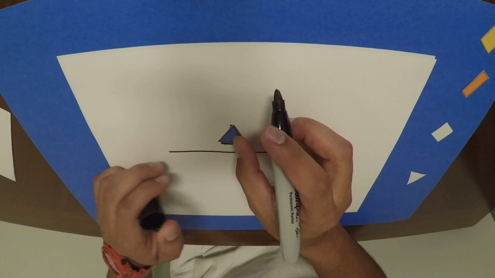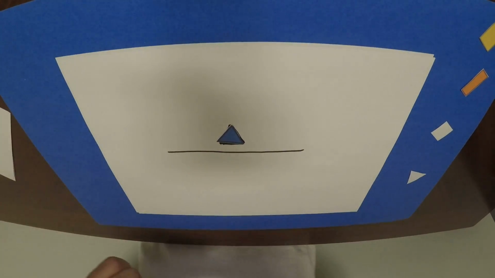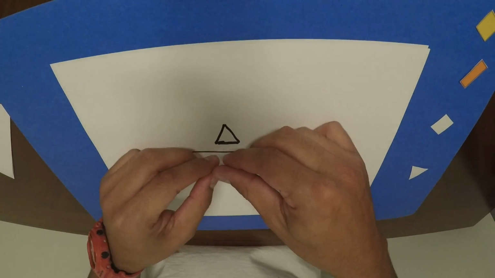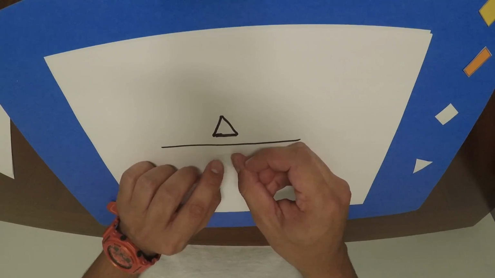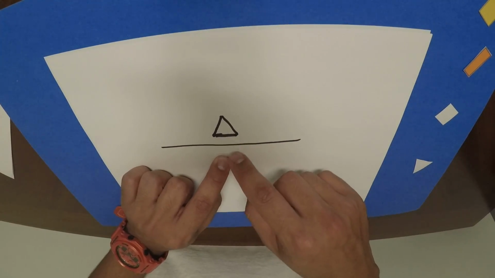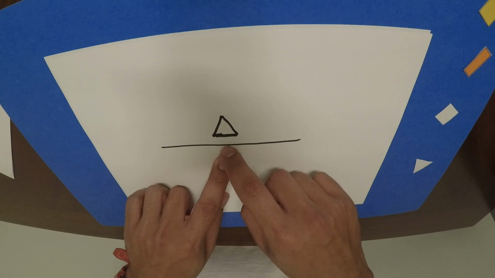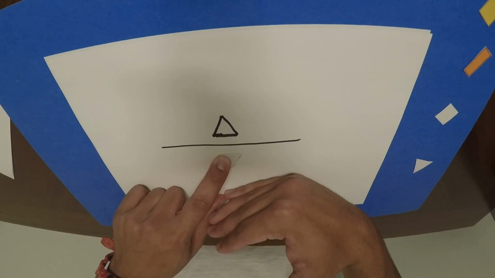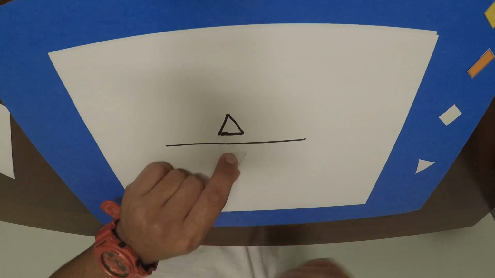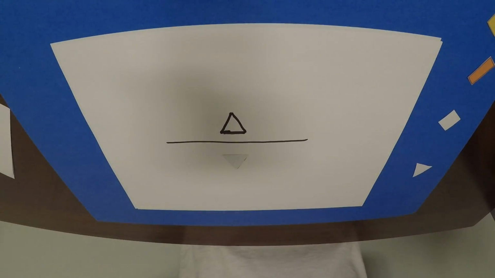So we have the triangle, and when it reflects over, it just means that it flips that way over the axis. It doesn't shift over, it doesn't move up, it doesn't spin around. It just literally flips over the axis, or flips in general.